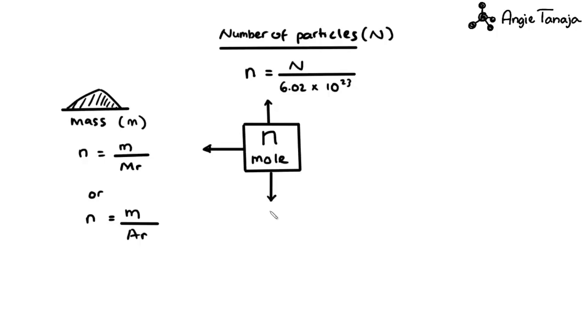Again, next. If it is a solution, meaning that the mole that we have here is not about the solvent. The mole that we have here is the mole of the solute, right? The n is the mole of the solute. Let's say this is our solute.